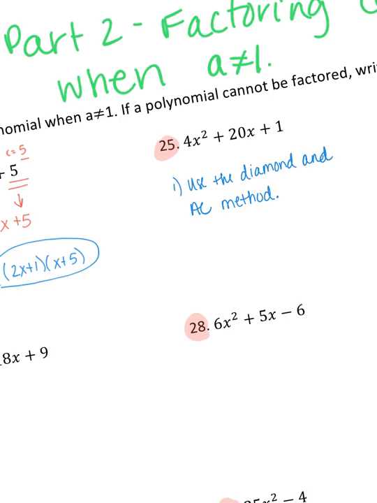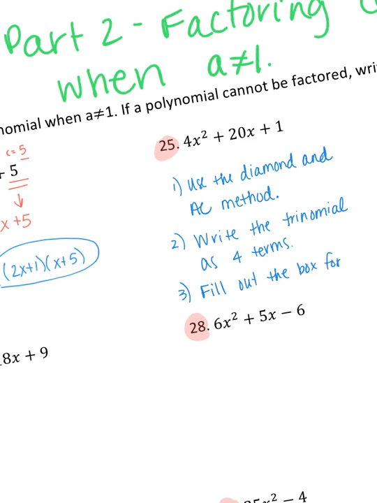You're just going to complete the diamond. Write the trinomial, so that's 3 terms as 4 terms, and then you're going to fill out the area model box and find the factors. Okay, so that's the process that we're going through.